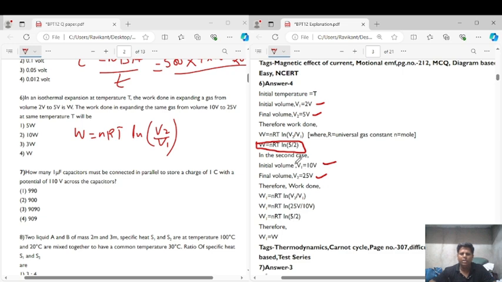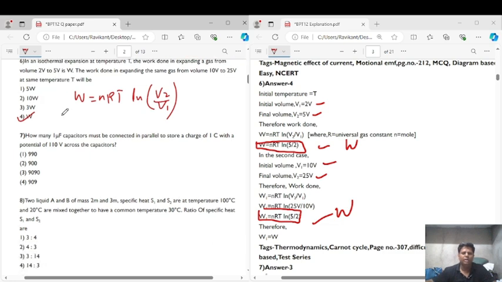So again, putting the same values in the formula for isothermal work done, we get work done equal to nRT into ln 5 by 2. That is, the work done in the first case is equal to the work done in the second case. Therefore, if the work done in the first case is taken as W, the work done in the second case will also be equal to W. So the correct answer for question number 6 is W, that is option number 4. The work done in both the cases is the same.